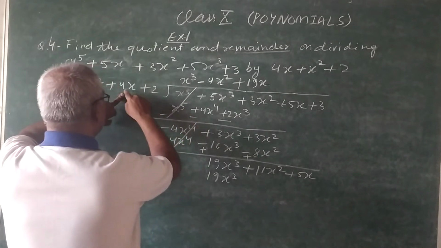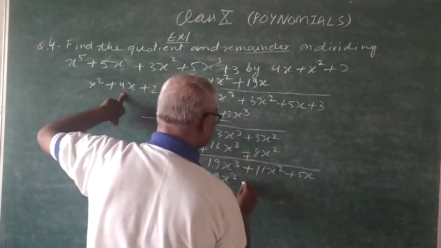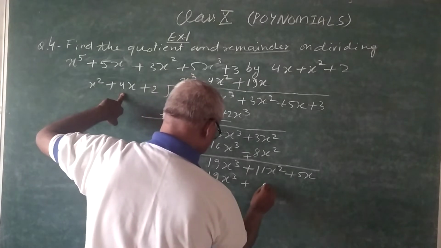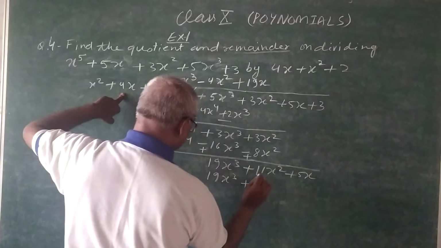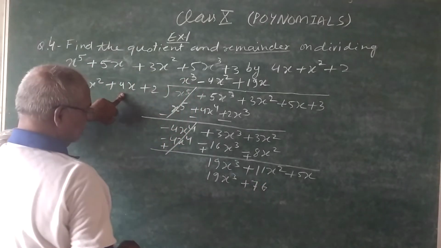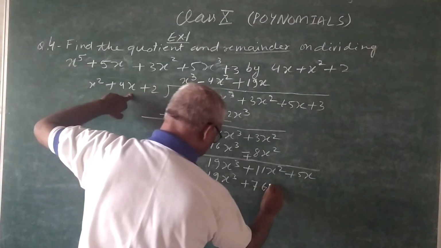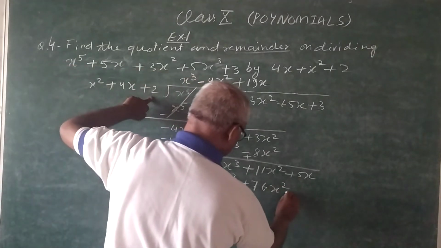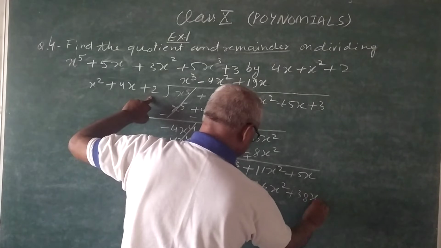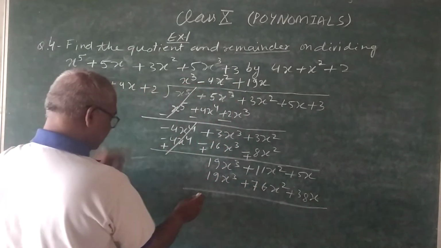What will come? 4 nines are 36, that is 6 and carry 3, and 4 ones are 4, and 3, that is 7. 19 fours are 76, and x square. Once again 19 twos are 38, so plus 38x. Now change their sign.